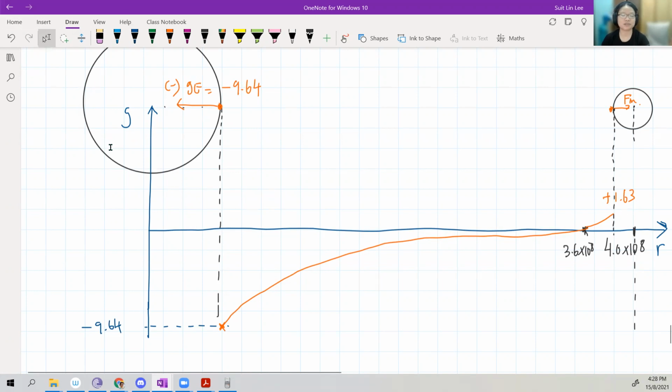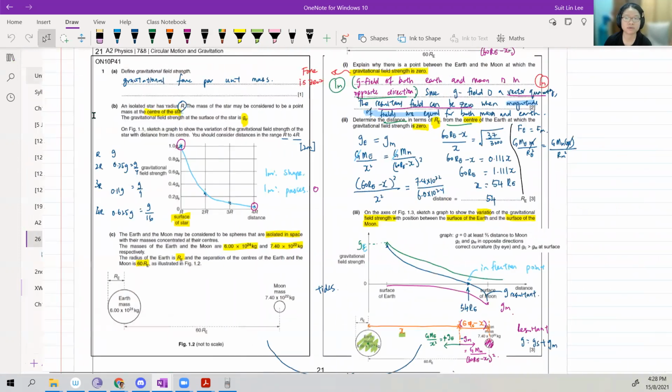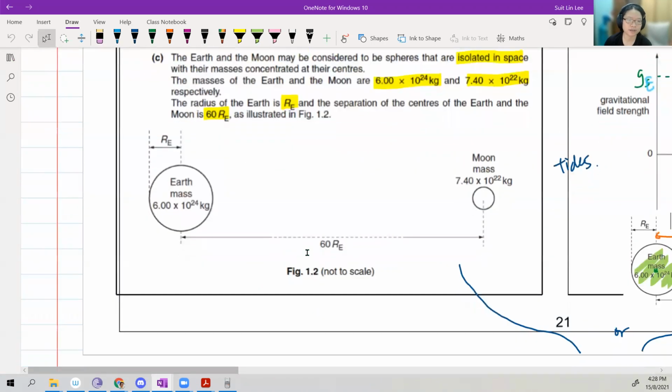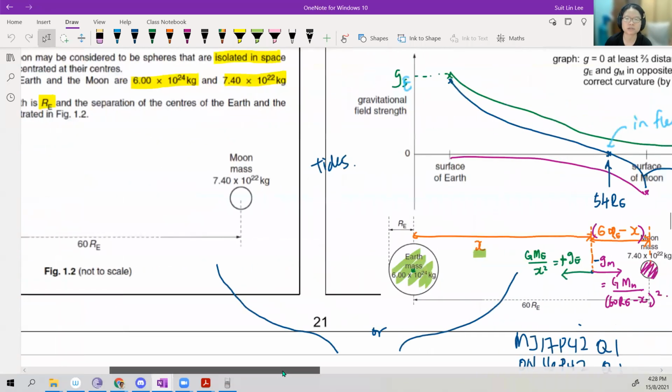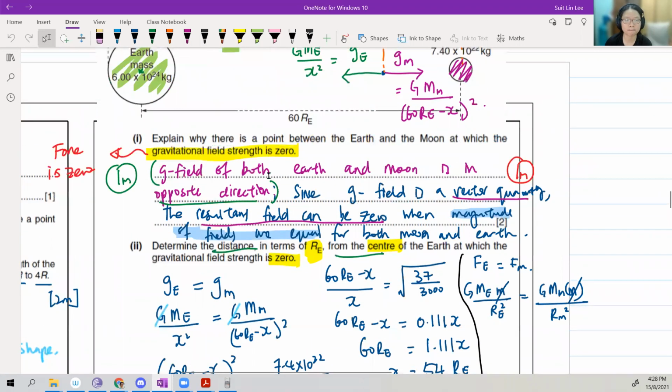So what you could do is you could review back when we did this question, and see how they structure the question differently. They've drawn this for you. They also give you all the relative ratios, but it's with respect to something else. But also at the same time, they ask you to explain first.